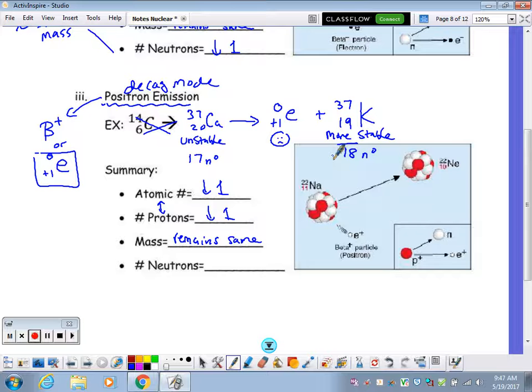So 17 versus 18, we see that there's an increase in the number of neutrons. Let me rewrite this. So the number of neutrons increases by 1. Every positron emission process will have the same effect on the atomic number, number of protons, mass number, and neutrons.